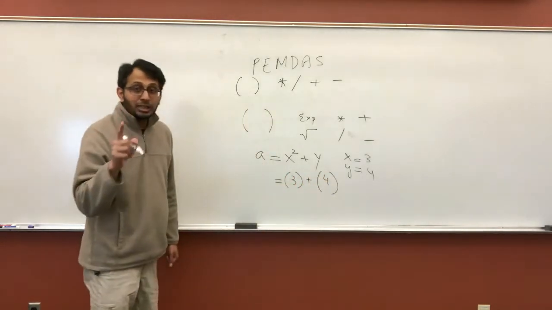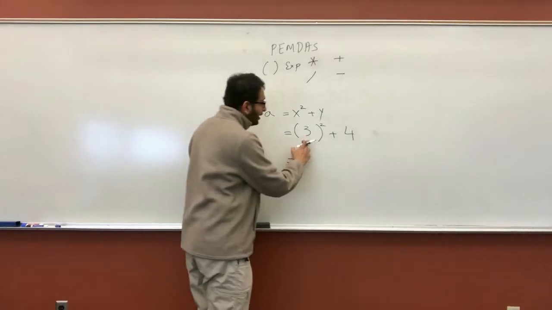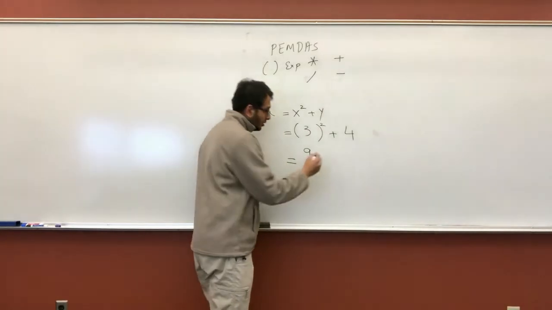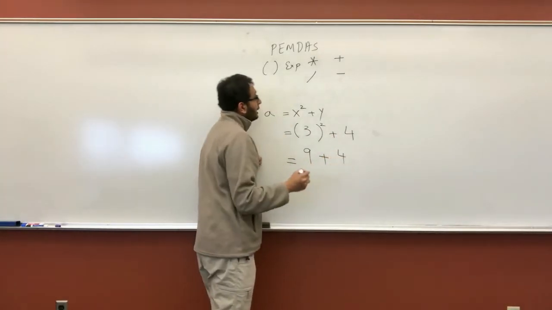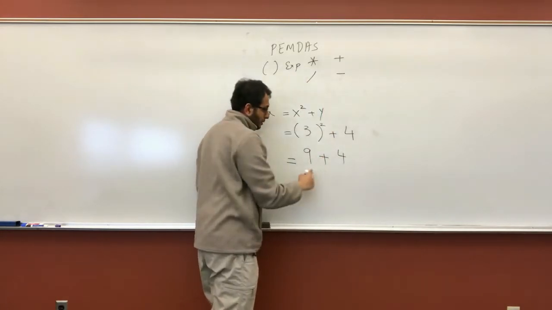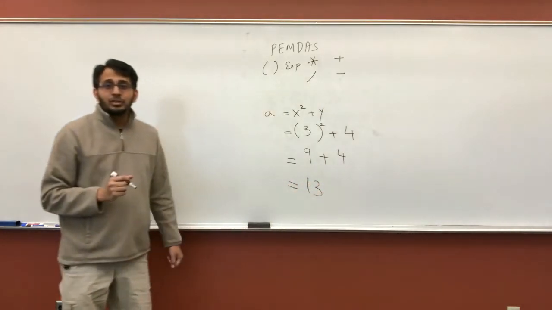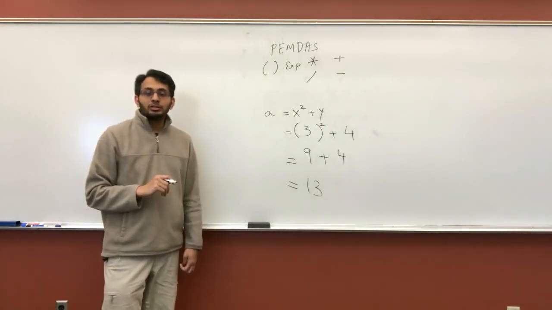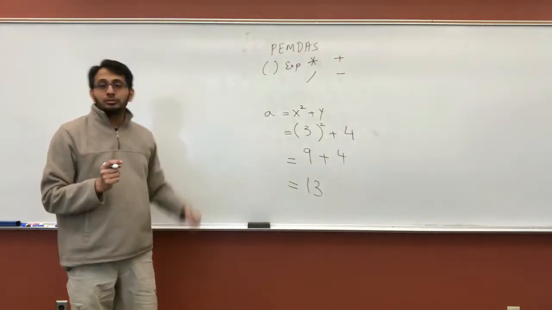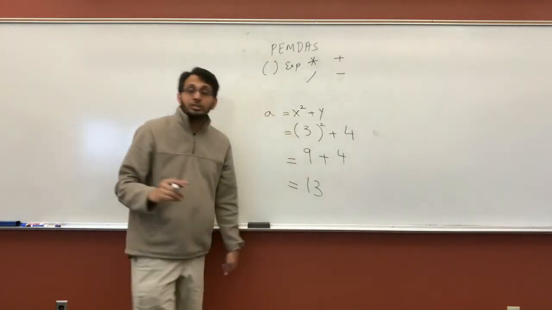However, I have to keep in mind that my x is squared, so I can't lose the exponent. 3 squared is 3 times 3, which is 9, plus 4. Now that I'm done with my exponent, I will do my addition. So that will be 9 plus 4, and that is 13. So that's how I go about solving this particular equation. Now, in another tutorial, I'm going to talk about these in a little more detail. Before we move forward with algebra, you must be very clear about these PEMDAS rules.